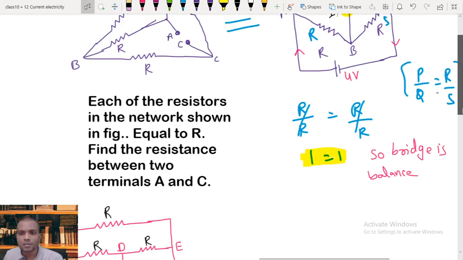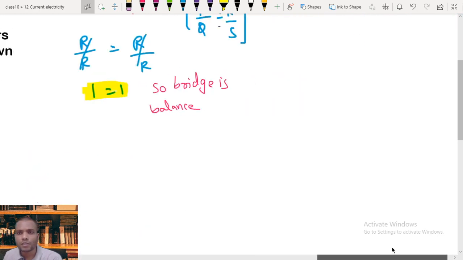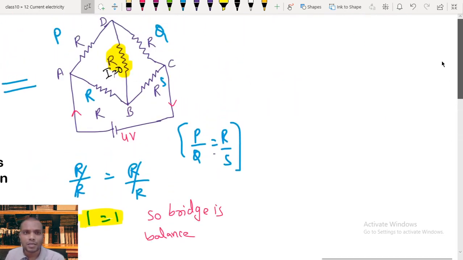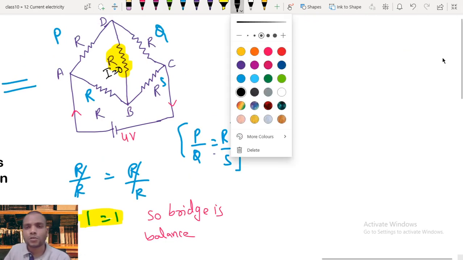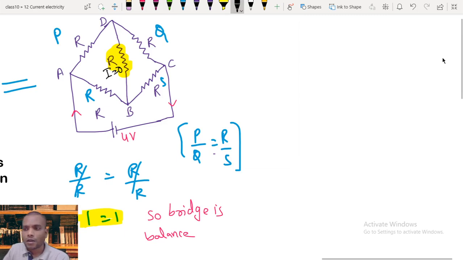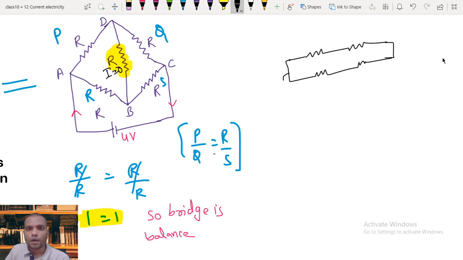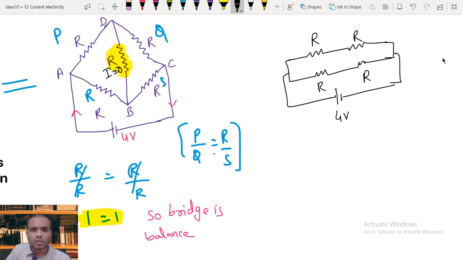Now the circuit will be turned into a simple circuit. If I draw the simple circuit here, it contains only the top 2 resistors and the bottom 2 resistors, connected to a potential difference of 4 volts, and all have the same resistance R. So this is converted like this after balancing.